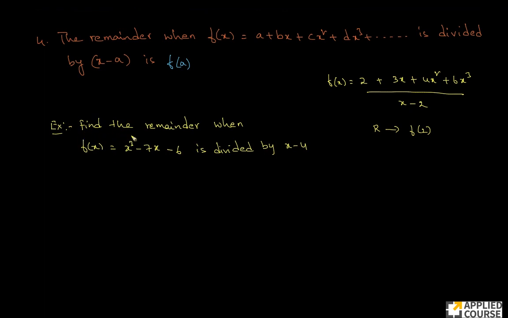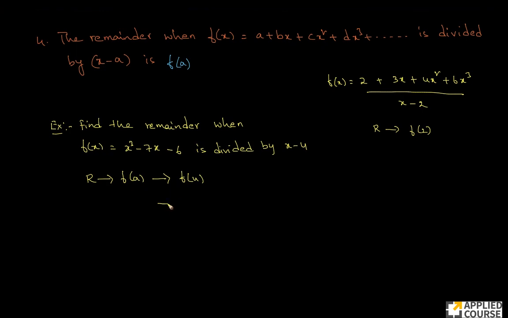Now see the example. Find the remainder when f of x equal to x cube minus 7x minus 6 is divided by x minus 4. Now what will be the remainder? The remainder will be f of a, so the remainder will be f of 4.